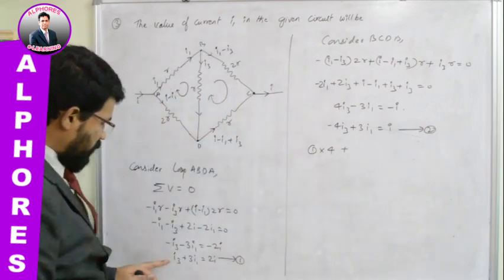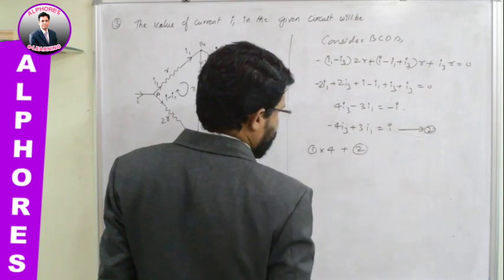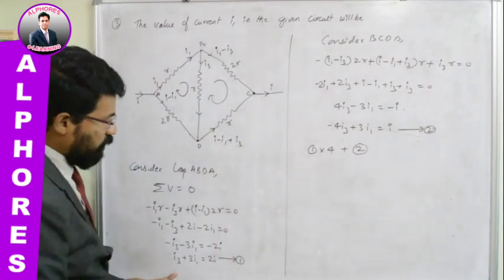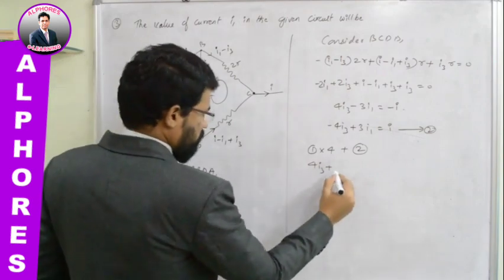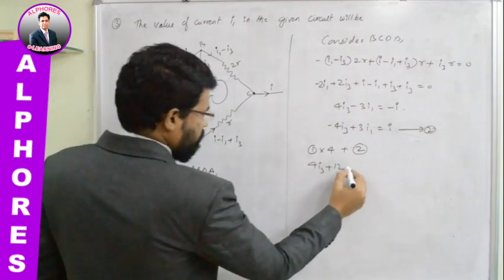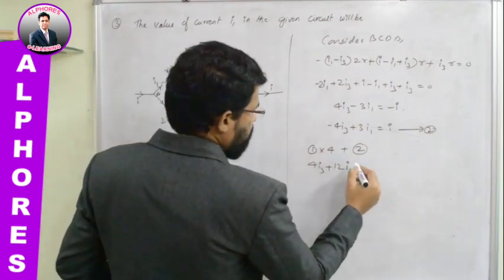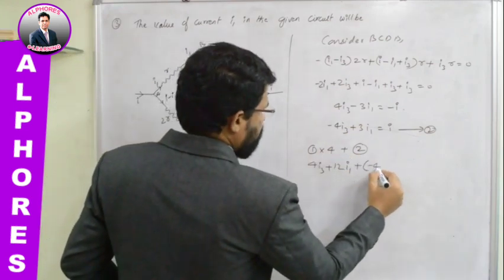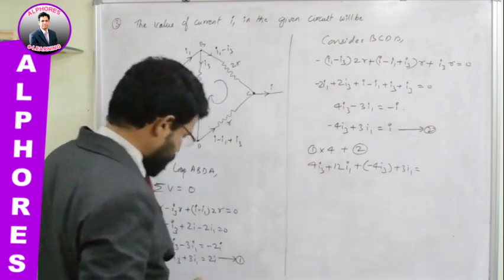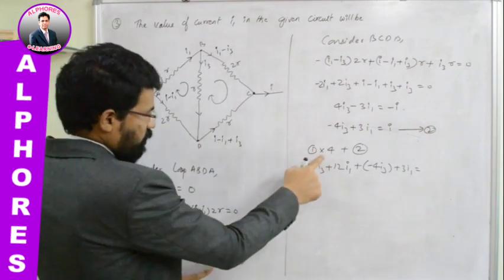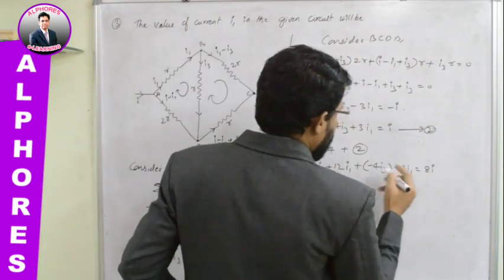Okay, now I am multiplying equation 1 with 4 and I am adding it to equation 2. If you multiply equation 1 with 4, what you will have? 4I3 plus 4 3s are 12I1, add this one, plus minus 4I3 plus 3I1 is equal to, you have multiplied equation 1 with 4, so the RHS part becomes 4 2s are 8I, and here what is the RHS part?